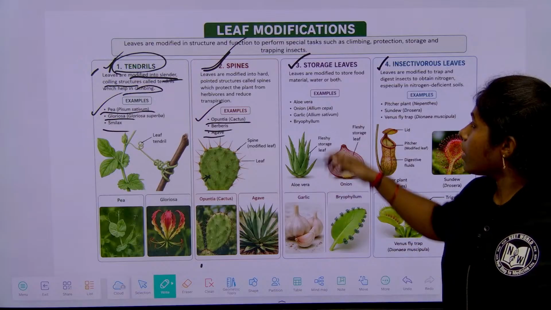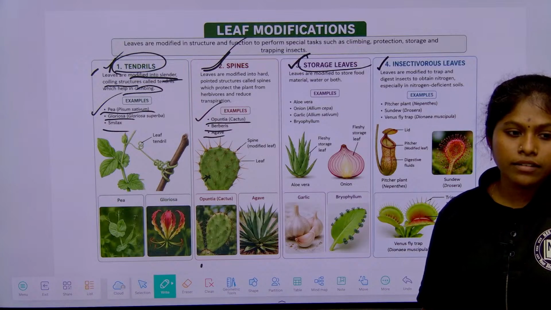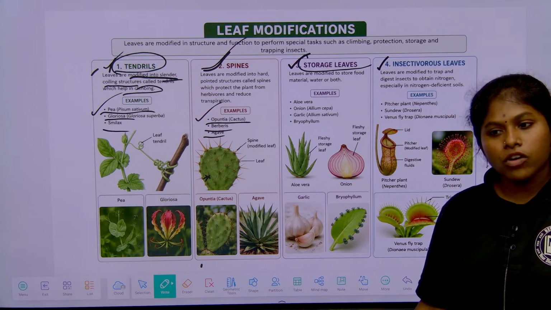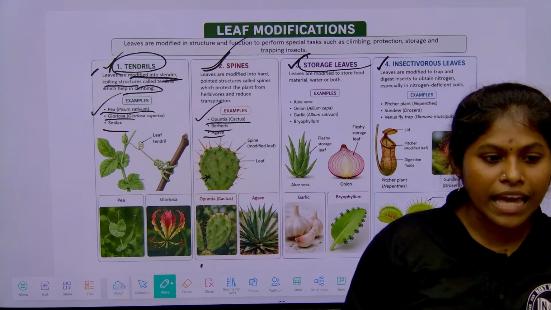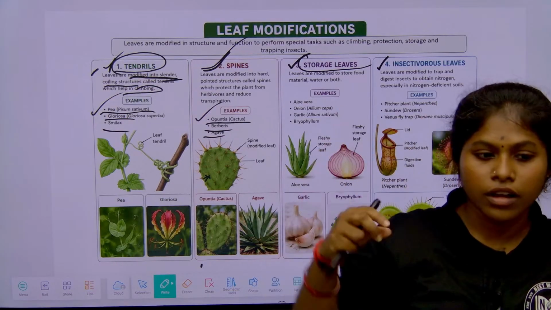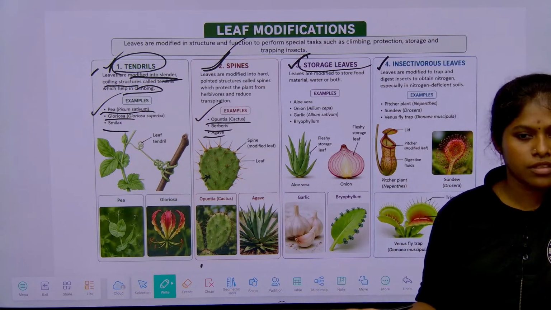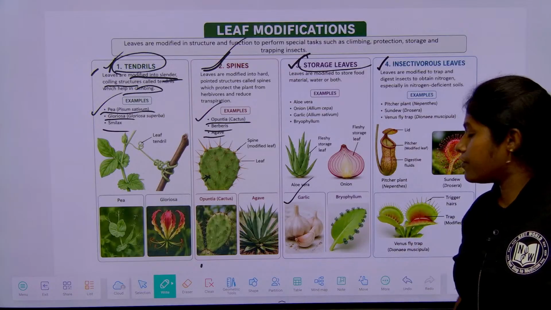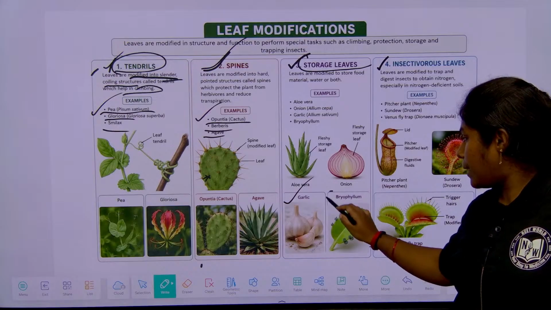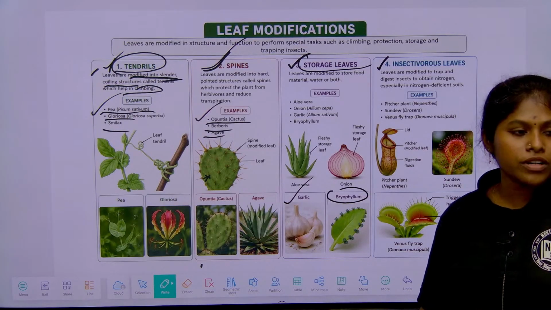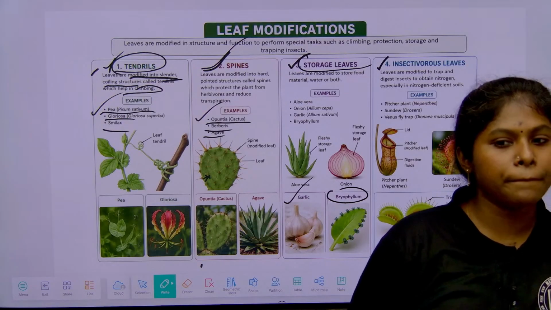And coming to the storage leaves. The examples of the storage leaves are aloe vera, onion, fleshy leaves, garlic. They store water. So these are examples: garlic, onion and Bryophyllum. Tell me, which type of root system will be exhibited by Bryophyllum?